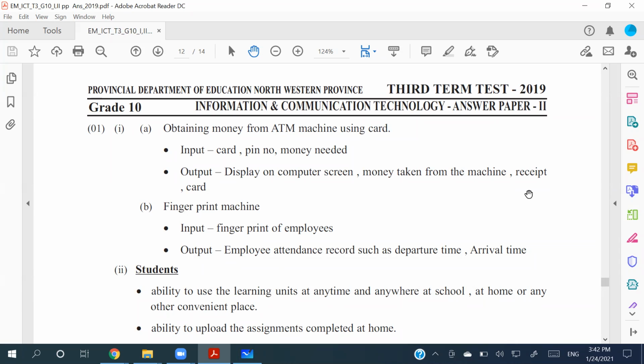Can we get cash? Yes, you can get cash. That is why they have put money taken from the machine, so you can have 0.5 for that answer. If you are having any alternative answers, just let me know.